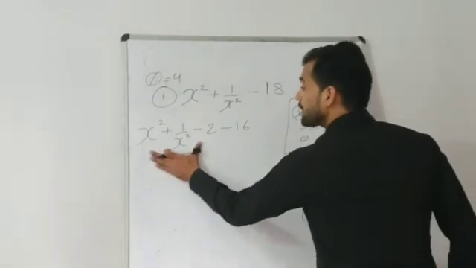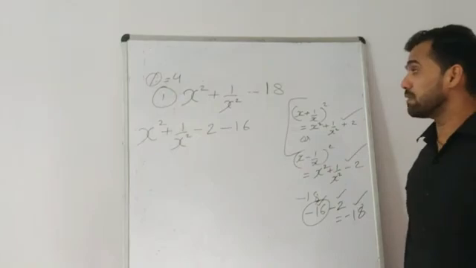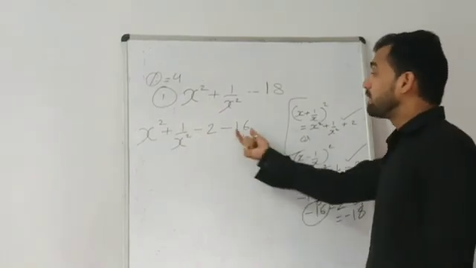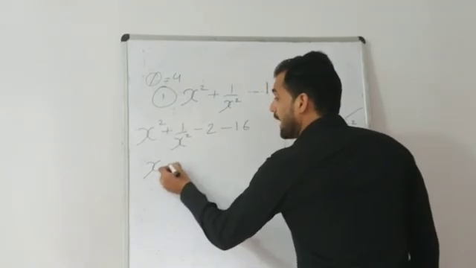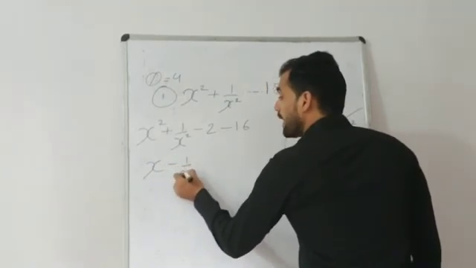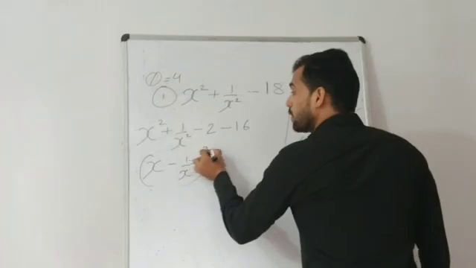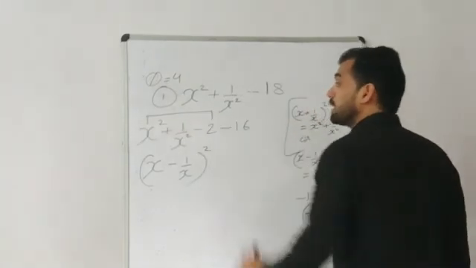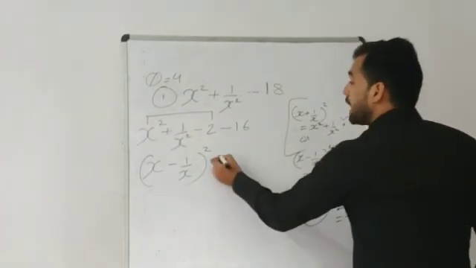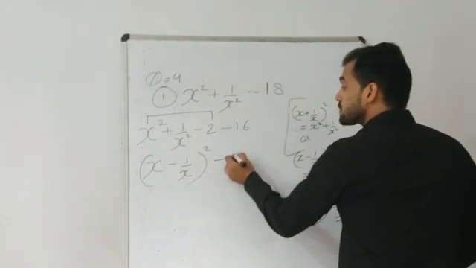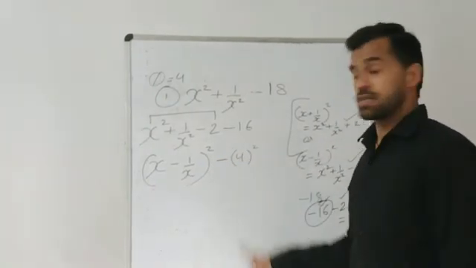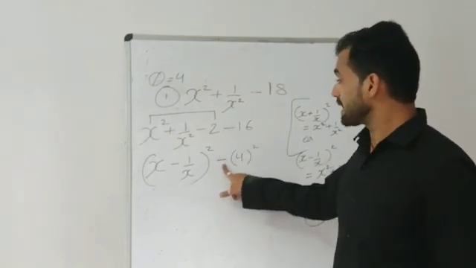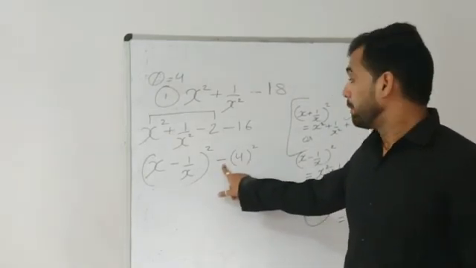So these three terms will become an identity, x minus 1 by x whole square, and in place of 16 we can write 4 whole square, with the minus sign outside the bracket.